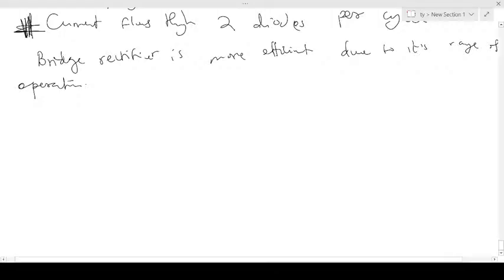In a bridge rectifier, due to two diodes being forward biased and two diodes being reverse biased in a half cycle, the voltage drop is 1.4 volts.